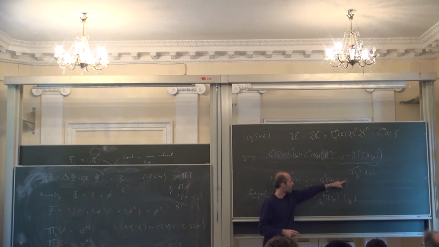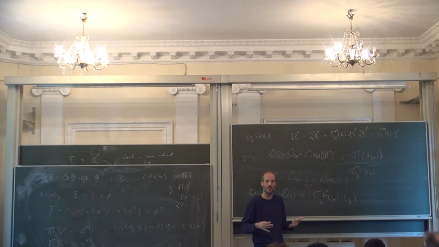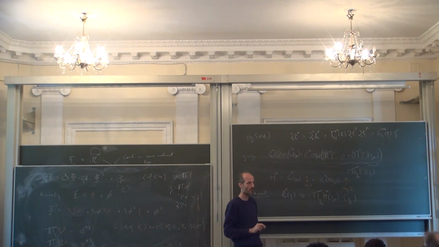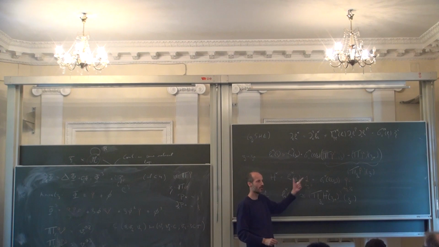And this operation of convolution with the heat kernel naturally has degree 2. We've seen yesterday that you somehow improve regularity by 2 when you take convolution with the heat kernel, by these Schauder estimates. So this here has naturally degree 1/2. So there's a natural notion of degree here.